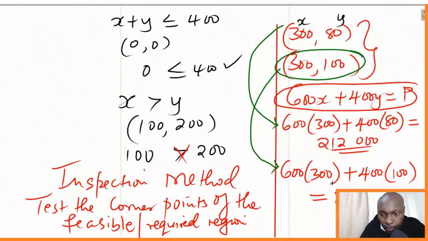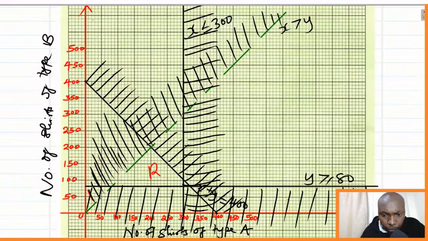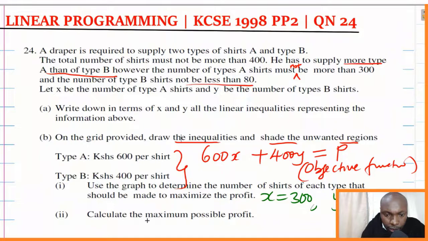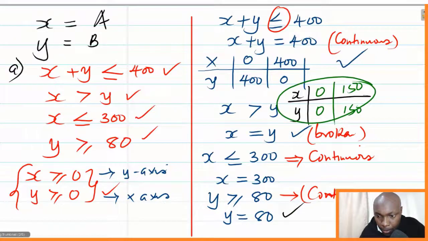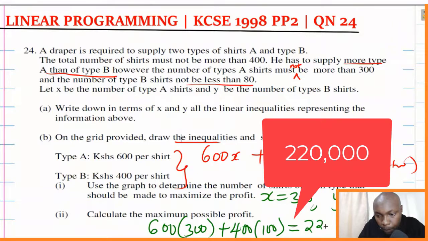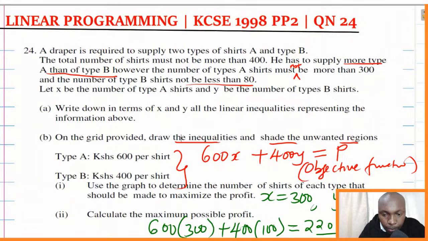After substituting here, substituting the value of x in the objective function, plus 400, that one has given us 220,000, and that is the maximum profit that you're supposed to get.